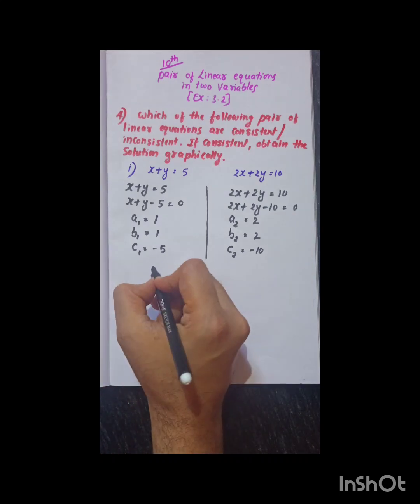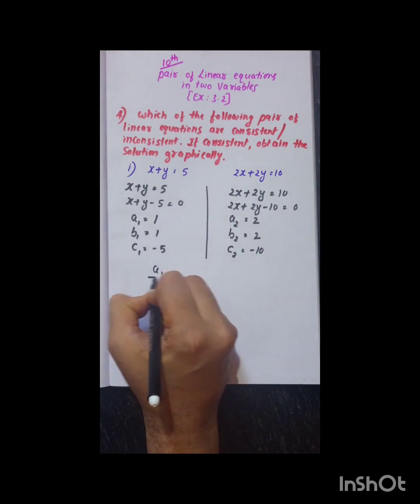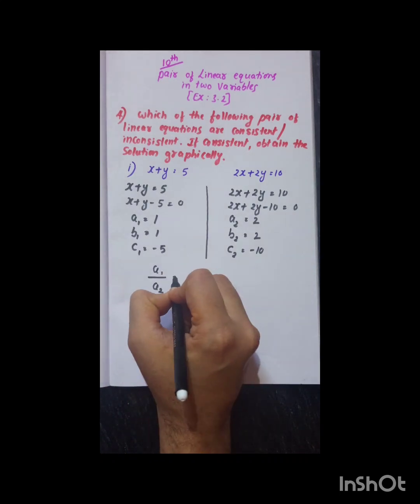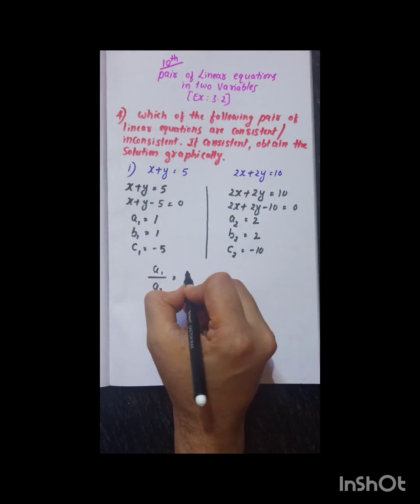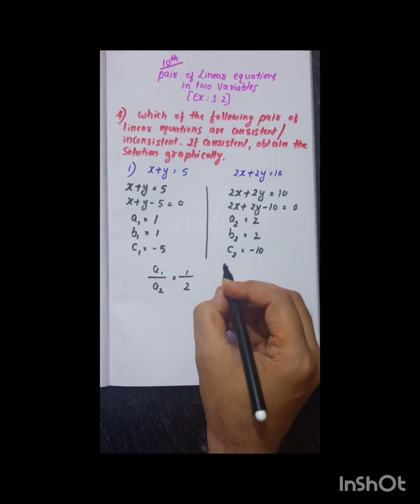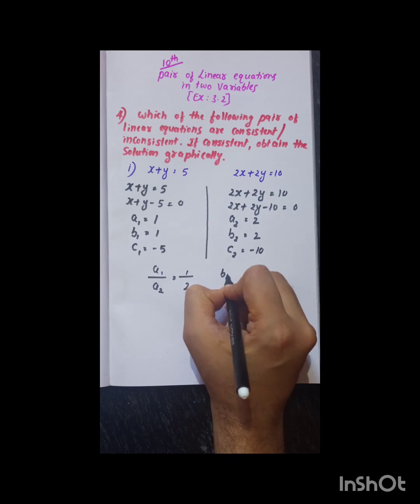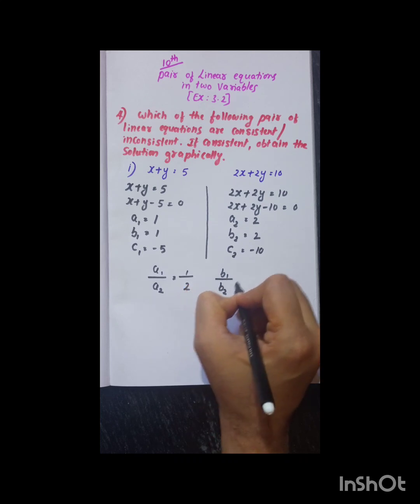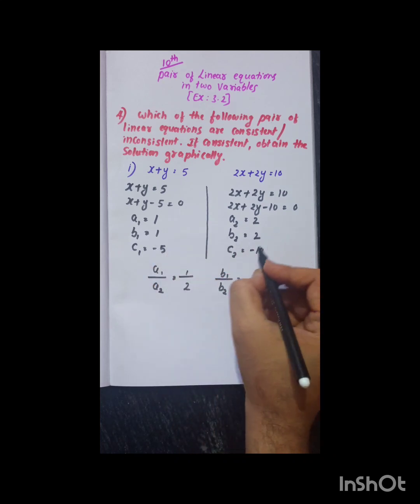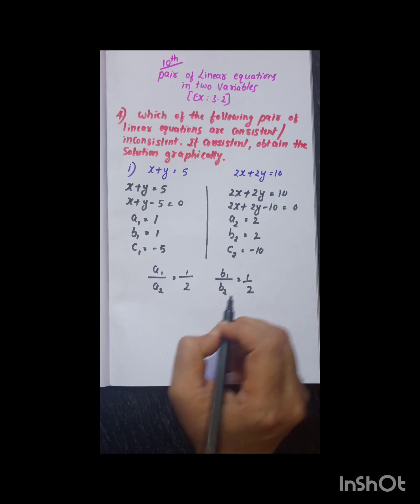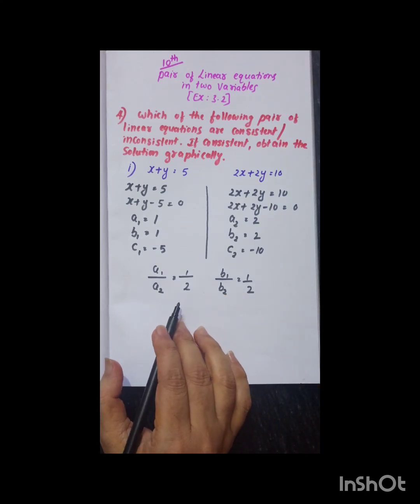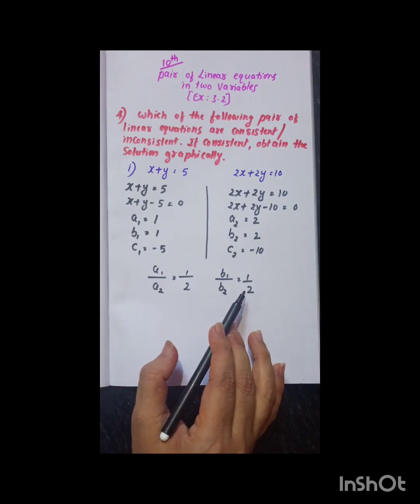Now let's do like this. A1 by A2. A1 is 1, A2 is 2, so 1 by 2. Then B1 by B2. B1 is 1, B2 is 2, so 1 by 2. Here A1 by A2 is 1 by 2 and B1 by B2 is also 1 by 2.